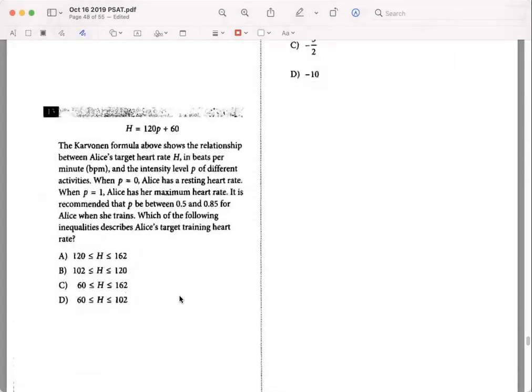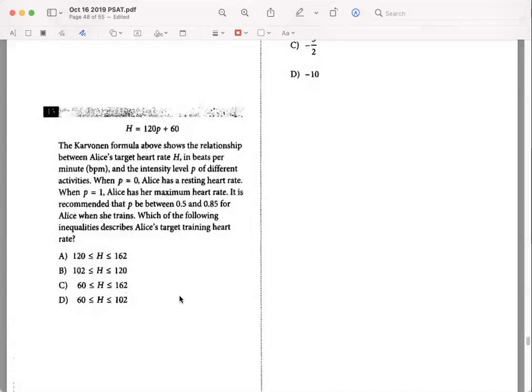Okay, the Karvonen formula above shows the relationship between Alice's target heart rate h in beats per minute and the intensity level p of different activities. When p is 0, Alice has a resting heart rate. When p is 1, Alice has her maximum heart rate. Okay, it is recommended that p be between 0.5 and 0.85 for Alice when she trains.